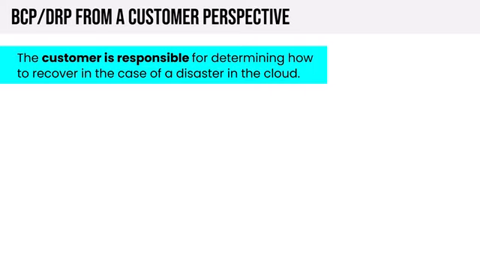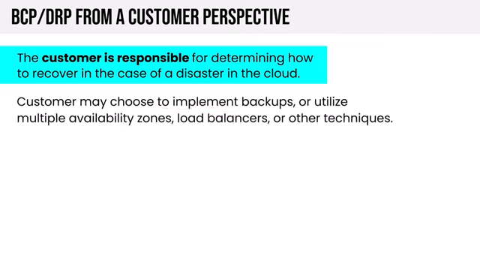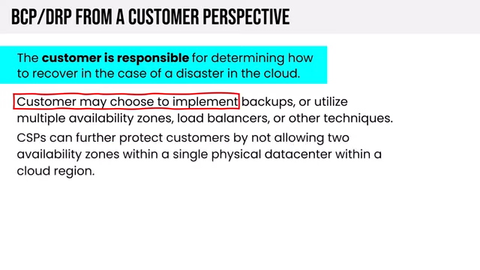Now, the customer is responsible for determining how to recover in the case of a disaster in the cloud. So, recovery of our applications is not necessarily going to be automatic, and a customer may choose to implement backups or utilize multiple availability zones, load balancers, or other techniques. In other words, the CSP is going to give us the tools, but they're not necessarily going to do all of that design and implementation work for us. We have to use the tools we're given.